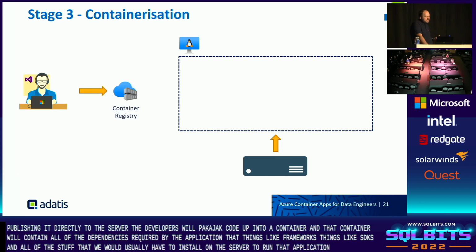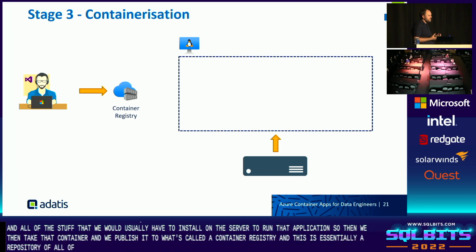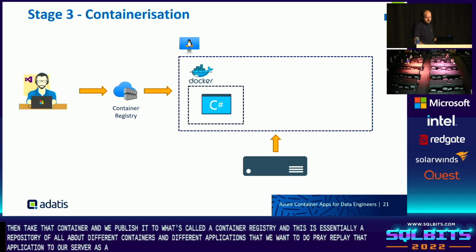Then we take that container and we publish it to what's called a container registry. This is essentially a repository of all of our different containers and different applications that we want to deploy. Then we can deploy that application to our server as a container.